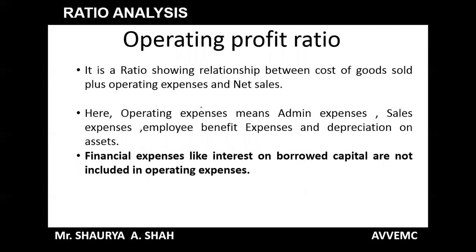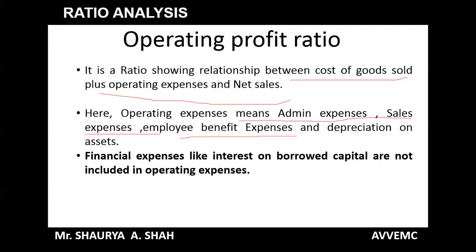Is it clear? Okay. Now it is a ratio showing relationship between cost of goods sold plus operating expenses and net sales. Here operating expenses, very much important to remember, means admin expenses, sales expenses, employee benefit expenses, and depreciation on assets.